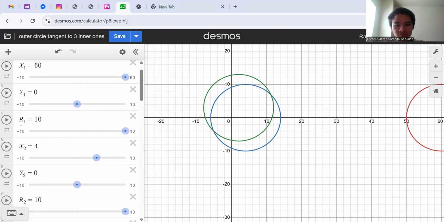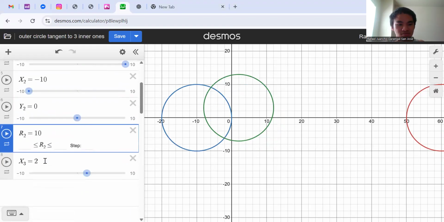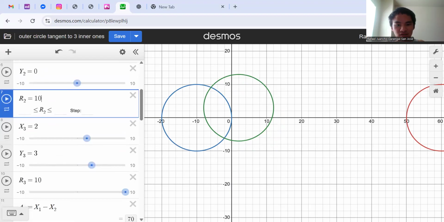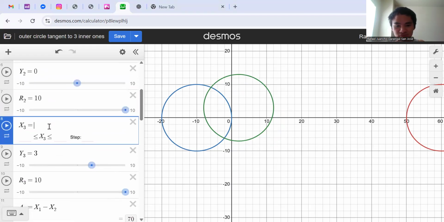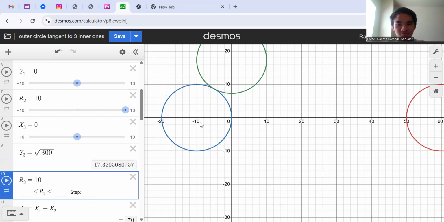My next circle was negative 10, 0, 10. And then lastly, I have 0, square root of 310, right?